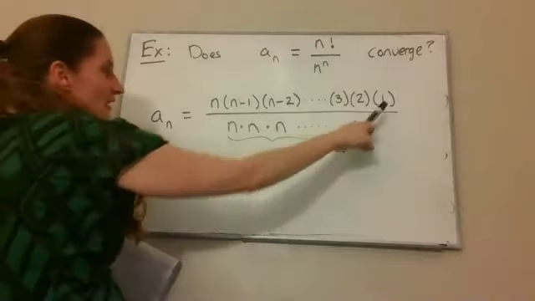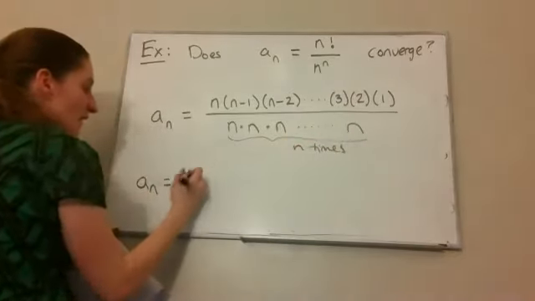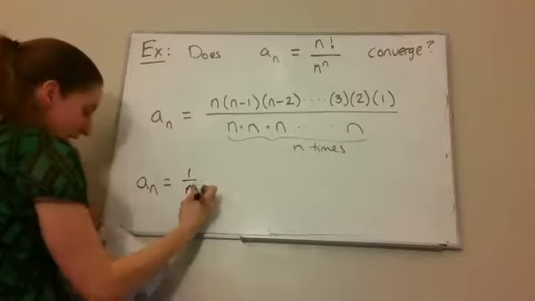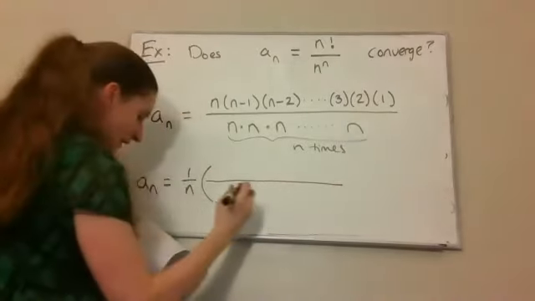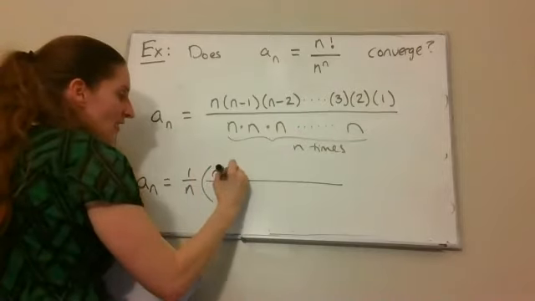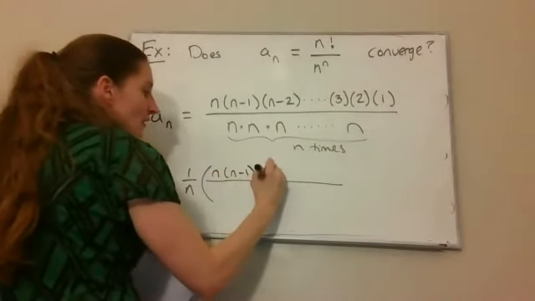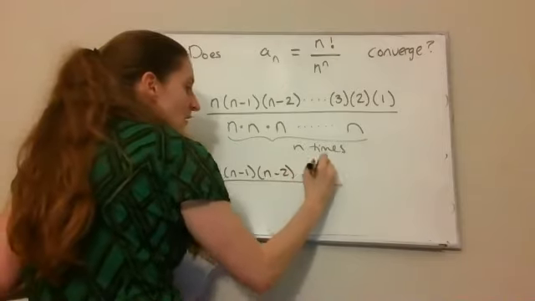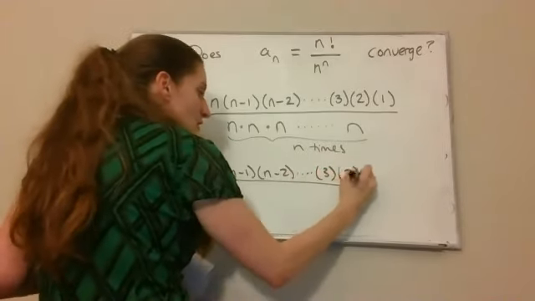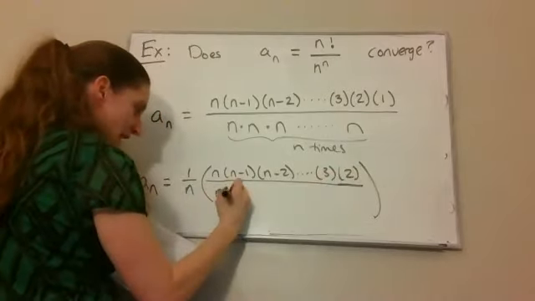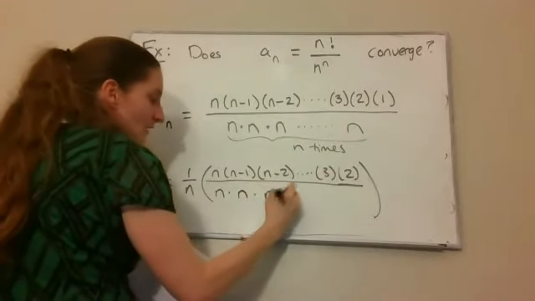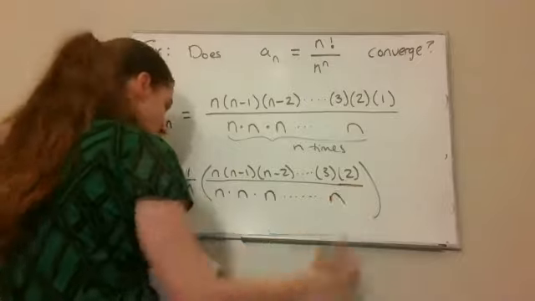I'm going to take the very last guys and pull them out front, 1 over n. And I'm going to multiply that by everything that's left behind. I have n, n minus 1, n minus 2, all the way through 3 and 2, and I have n times n times n, all the way through n.